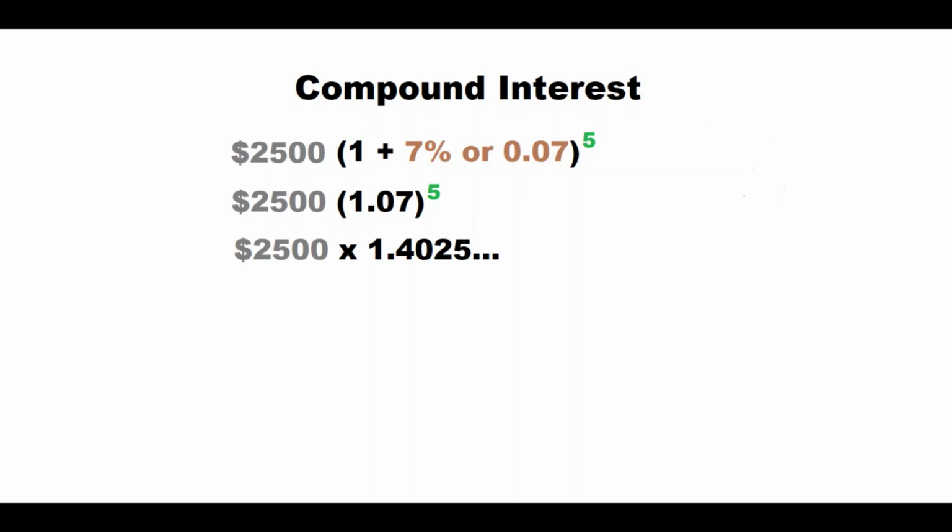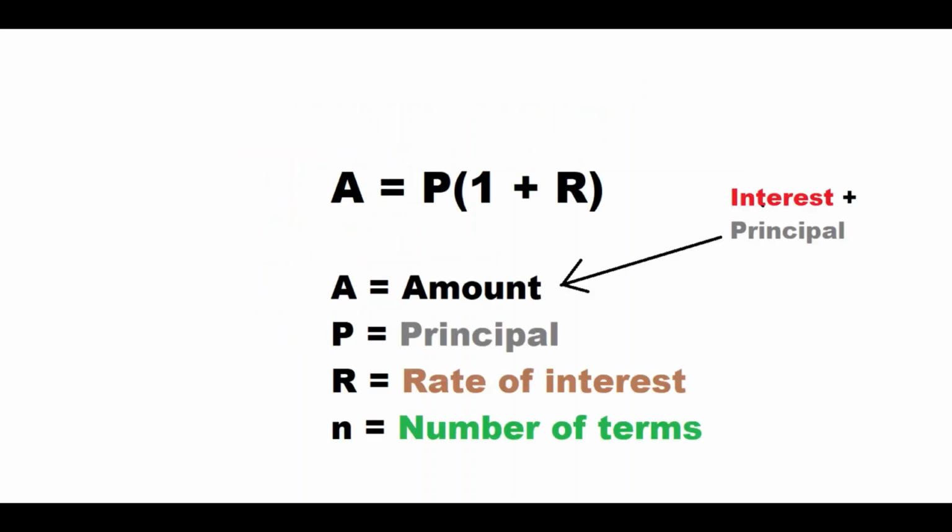And that's going to give us $3,506.38. Remember, it's cents, so you can round it off to the second decimal place. We minus that by the original principal of $2,500, and we get $1,006.38.